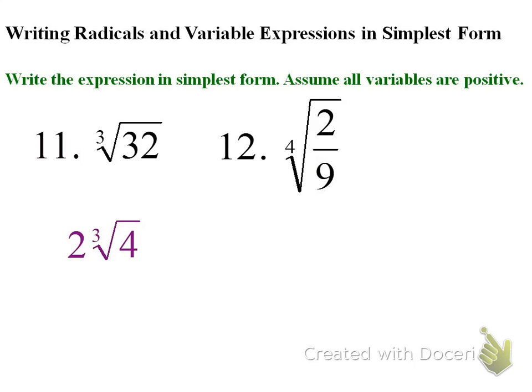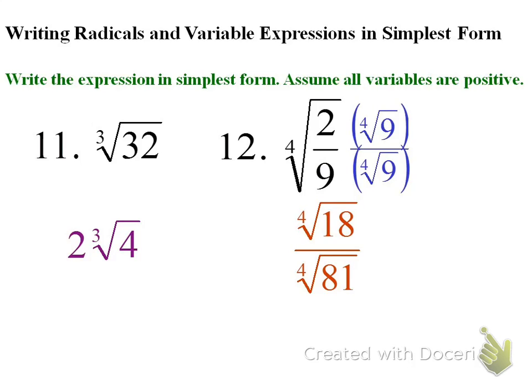Here's number 12. All right, so number 12 on the board, I told you guys I was going to show you the steps first, then I was going to explain it. So here are just the first couple steps. This is a process called rationalizing the denominator.